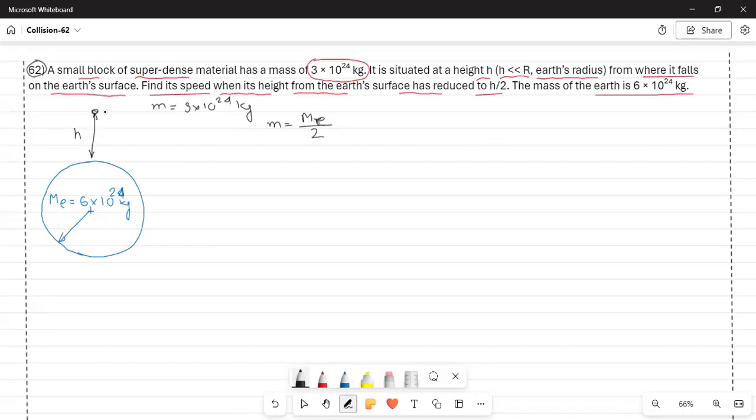It drops from h, it drops from here. And when it comes to h by 2, at this time, what is the velocity of this? This they want us to find out.